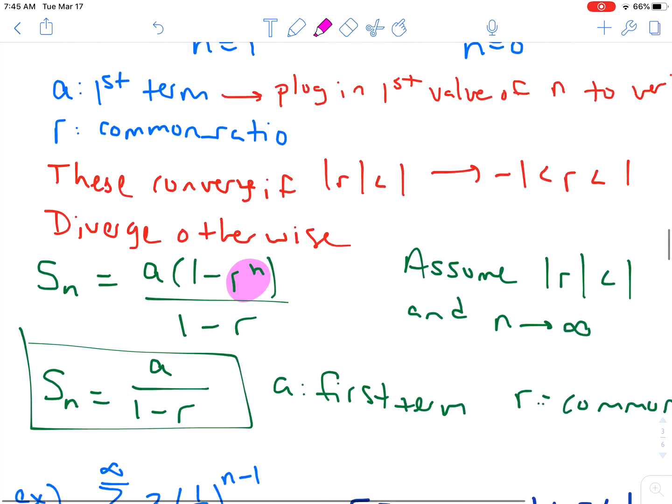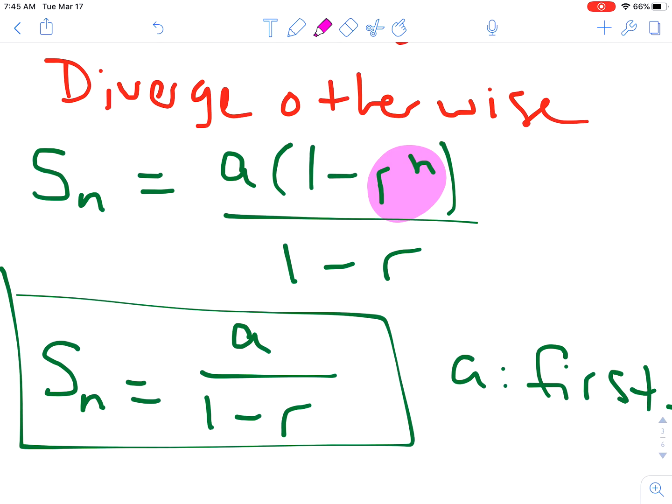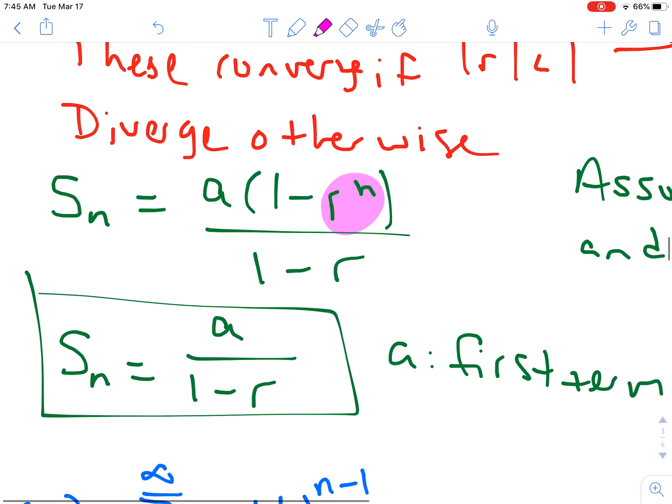So that pink portion that I just highlighted, as n approaches infinity, is going to approach 0, and so what that allows us to do is really simplify the sum formula. Right? 1 minus 0 in the parentheses is just 1, and 1 times a in the numerator is just a.